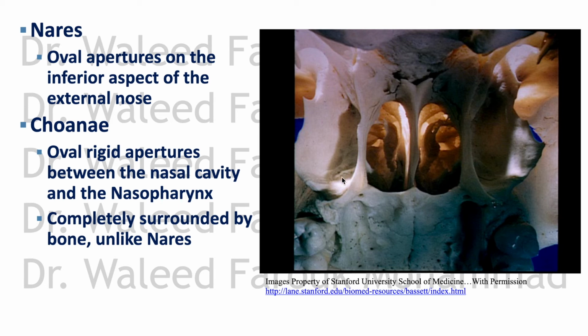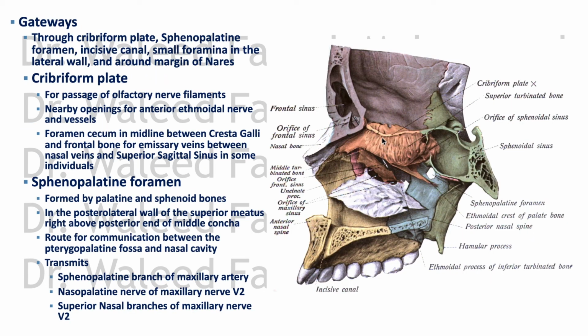So this is a major difference. So learn the difference between the two openings, please. First, the posterior are completely surrounded by bones, the anterior are cartilaginous, and the posterior open horizontally and the anterior open inferiorly. Do not forget this.